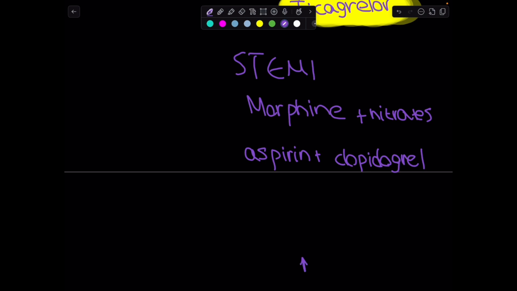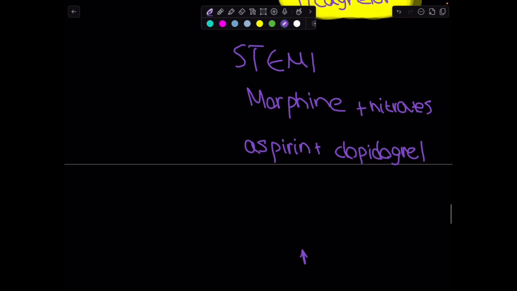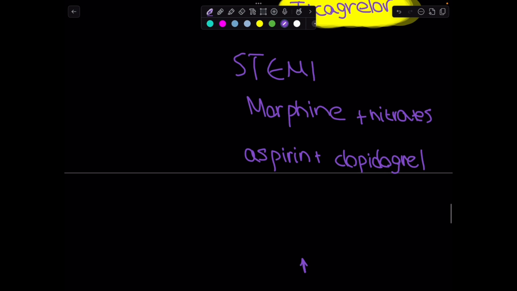Okay. We have the two branches of the right and left coronary arteries branching off the ascending aorta. So where do they go after that, these coronary arteries?